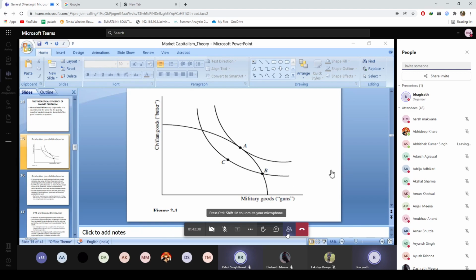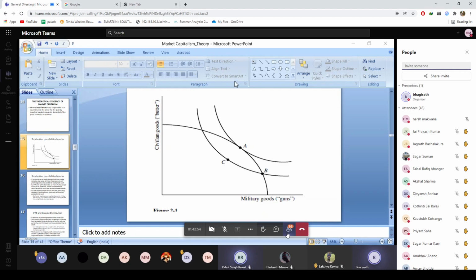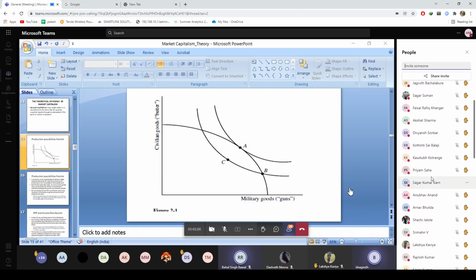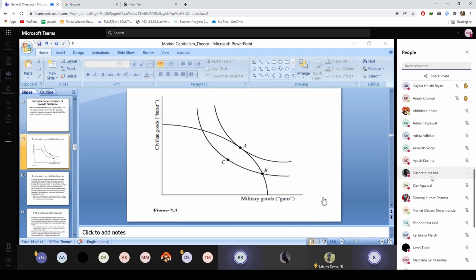Okay. So how many of you are present? Can you just raise your hands? Let me see. Only 16. 22 out of 50. Very interesting.